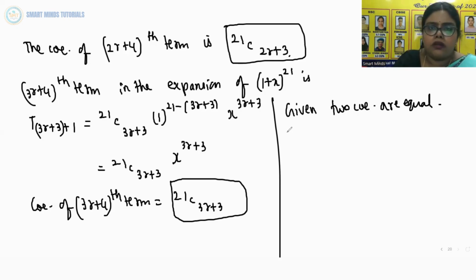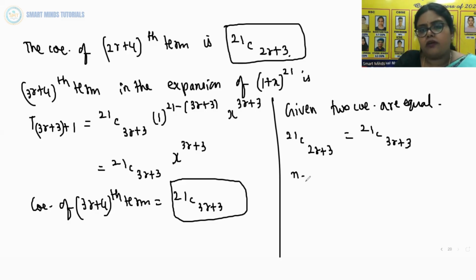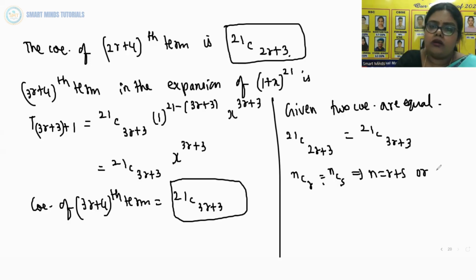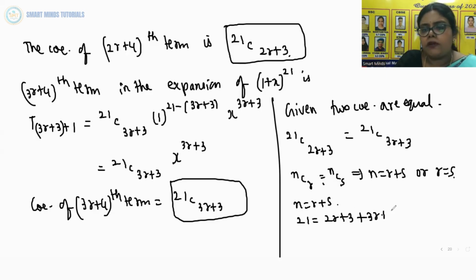And both are equal. So 21C(2r+3) equals 21C(3r+3). So we have a formula here, nCr is equal to nCs, which implies n is equal to r plus s or r is equal to s. So if we take n is equal to r plus s, we will get 21 is equal to 2r plus 3 plus 3r plus 3.